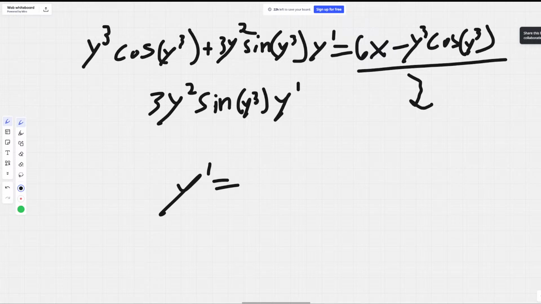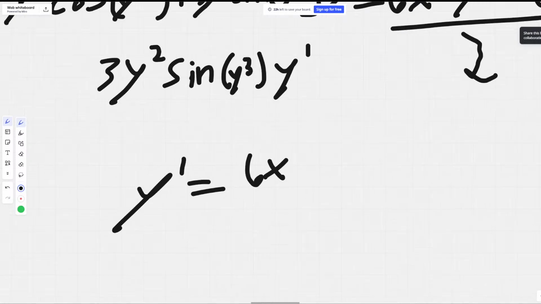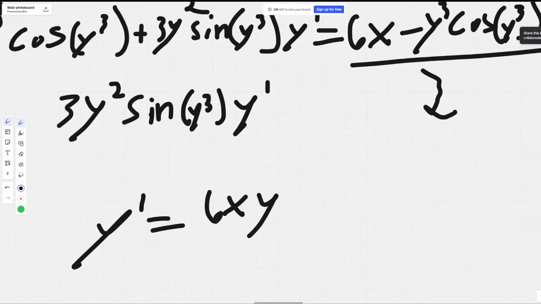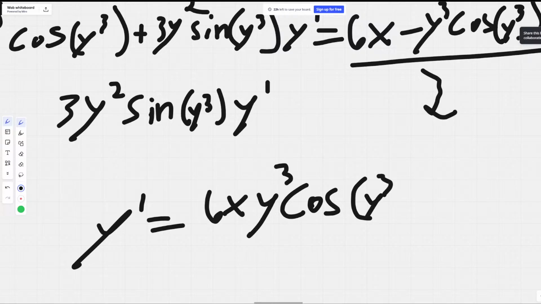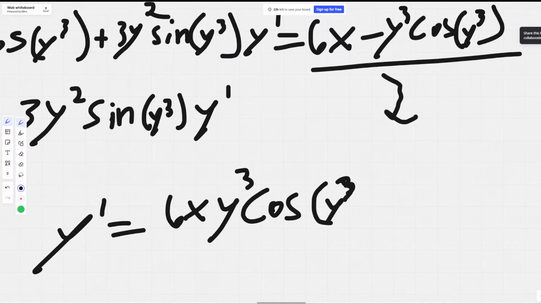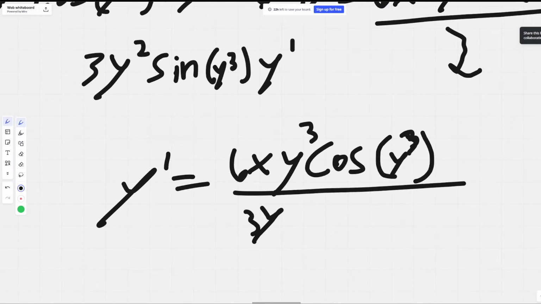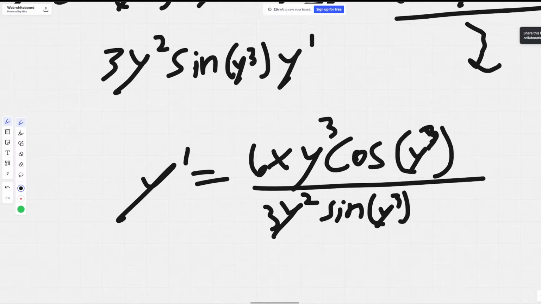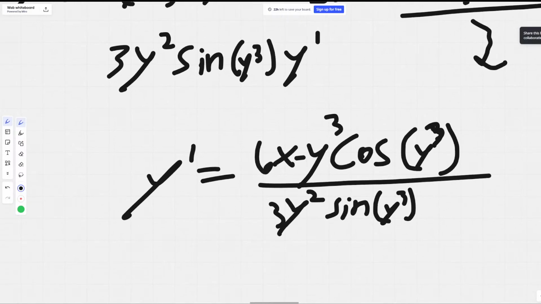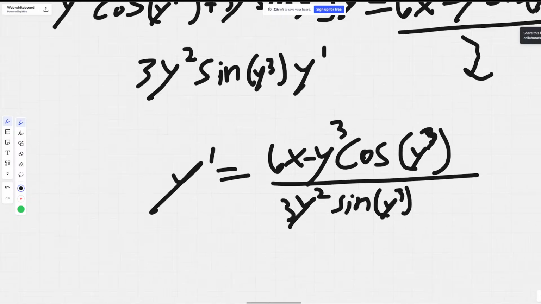Y prime equals 6x minus y cubed cosine y cubed all over 3y squared sine y cubed. That's it. That's it for that. However, it needs to be a minus.